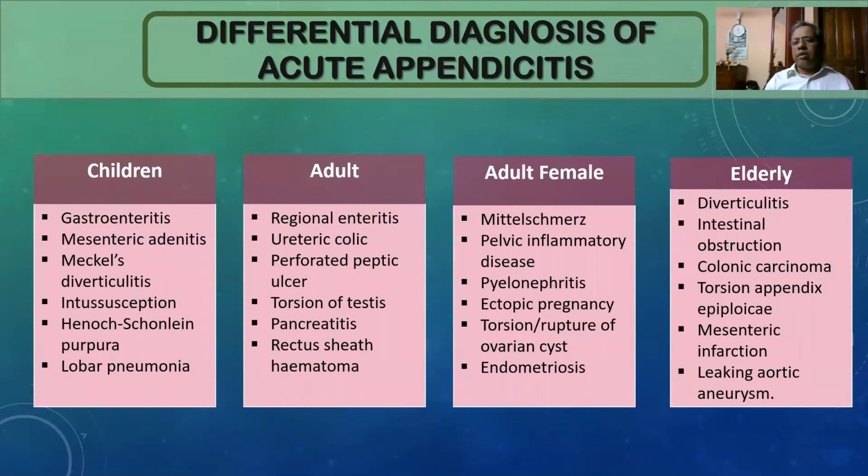Intestinal obstruction can present like appendicitis. Also colonic carcinoma, that means carcinoma of the cecum, torsion of the appendix oblique, sometimes pain there, mesenteric infarction, so midgut pain there, and leaking aortic aneurysm. So these are the differential diagnoses of acute appendicitis.